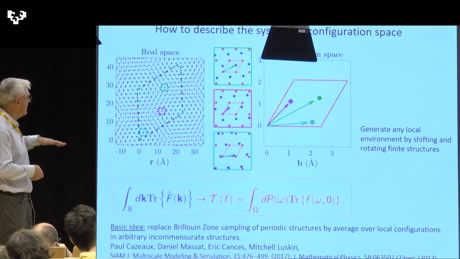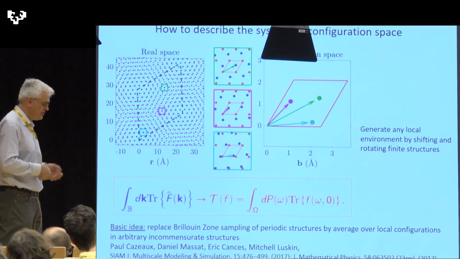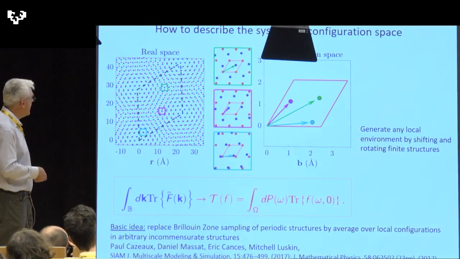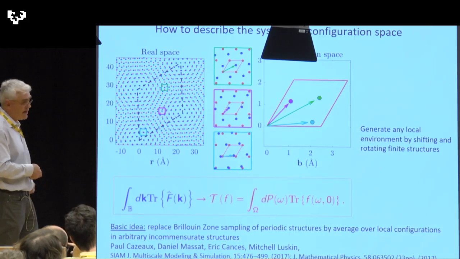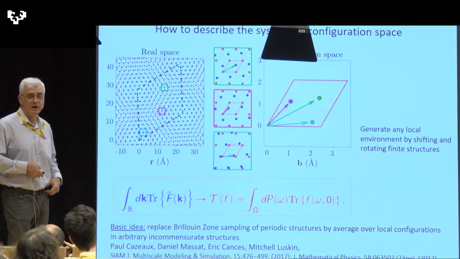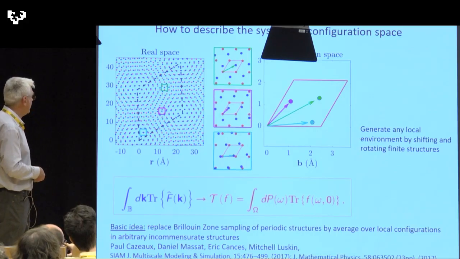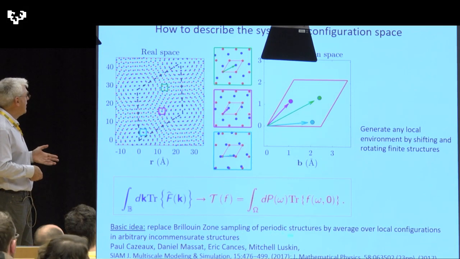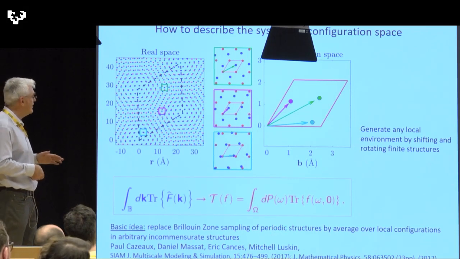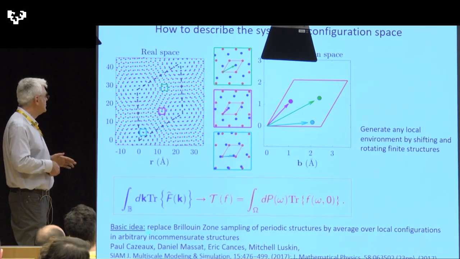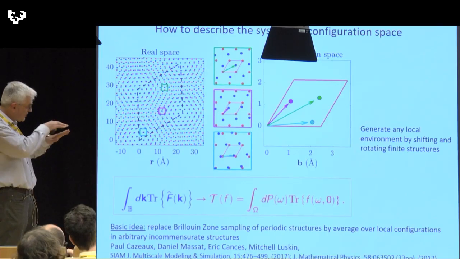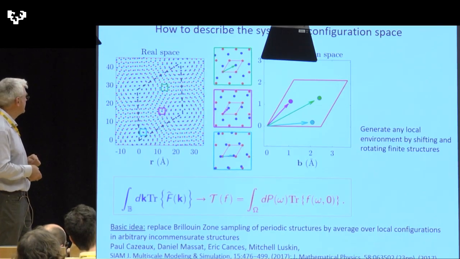And here you can have any kind of trace of physical quantities. And this integral replaces our familiar integral over the Brillouin zone. You can replace the Brillouin zone by carefully sampling periodic structures, by averaging over local configurations in arbitrary incommensurate structures created by these local shifts.